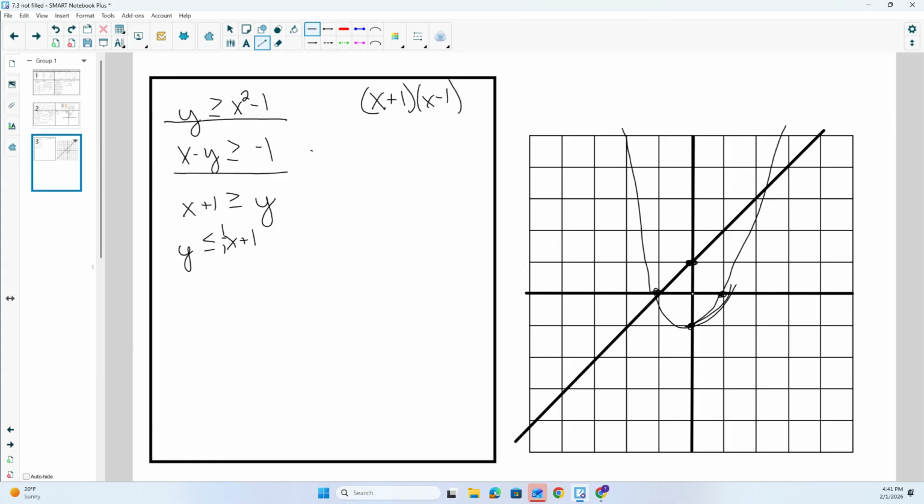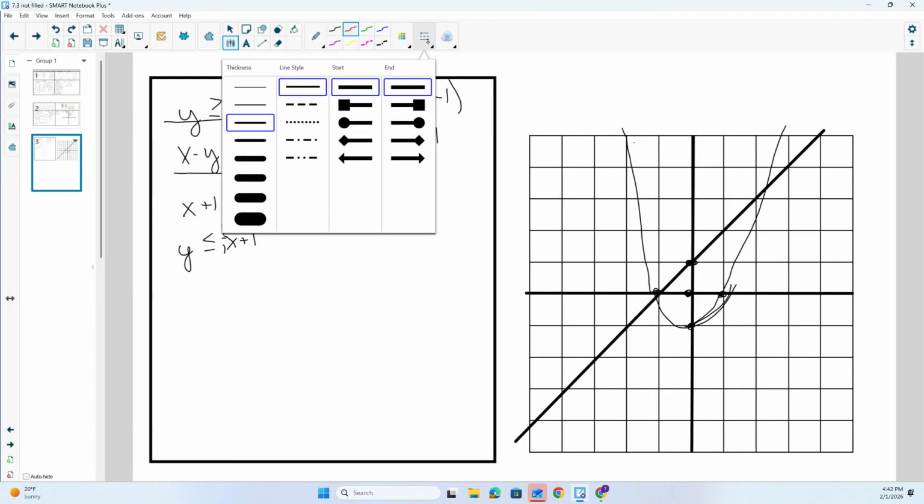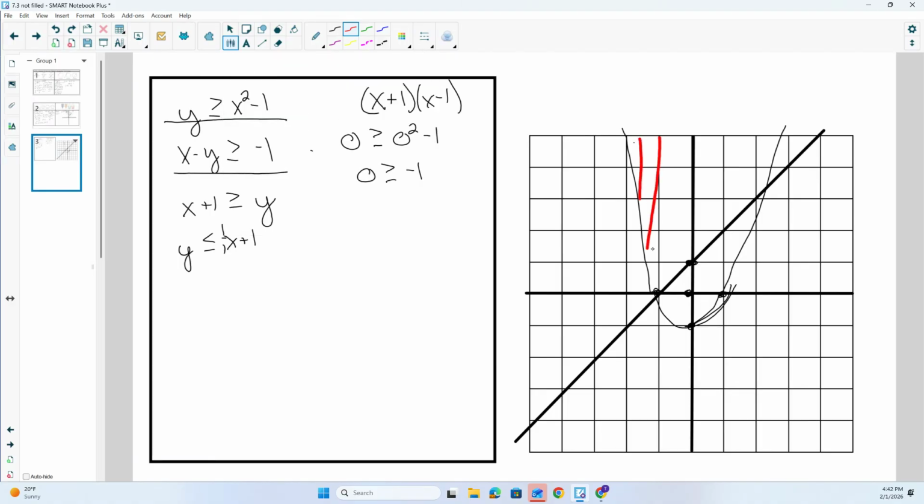I'm going to pick the point 0, 0 first, and see if it's a solution for them. So is 0 greater than or equal to 0 squared minus 1? In this case, 0 is greater than negative 1. So I know that up here, inside of my inequality, is what I'm looking for.